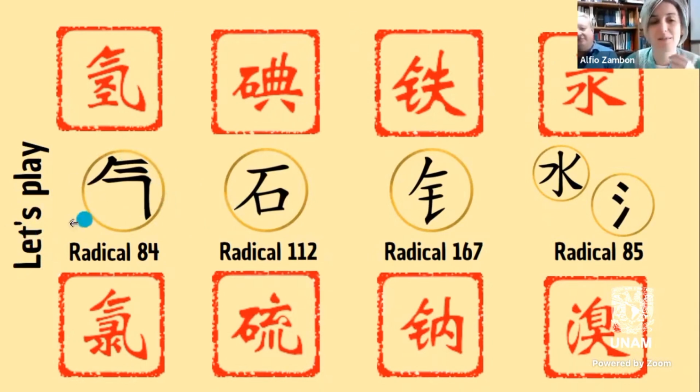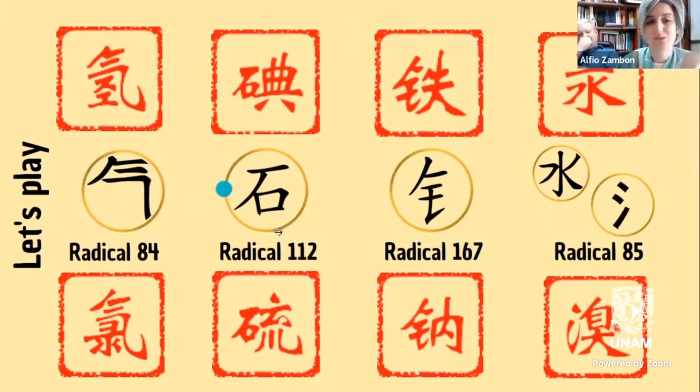The Chinese system is organized in small chunks of radicals that can help you build new characters. In this case, we have this radical, which means gas. One of the meanings is gas.